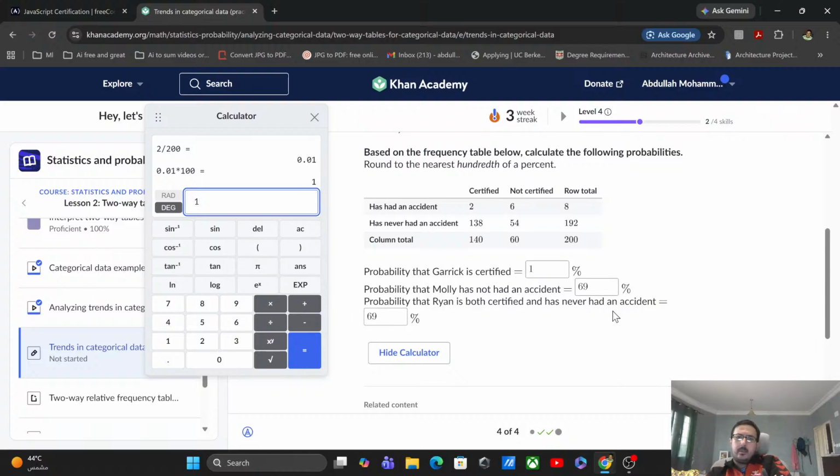Has not. But she is certified. So 138 out of 200.